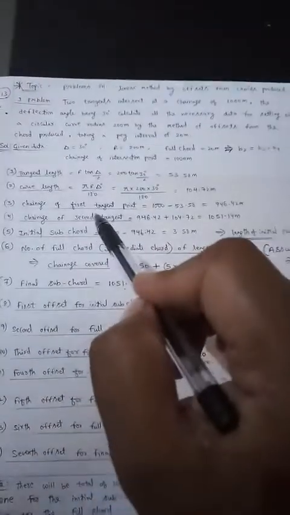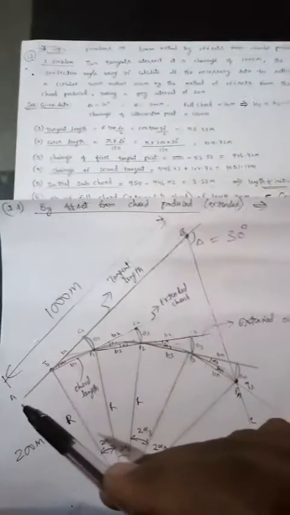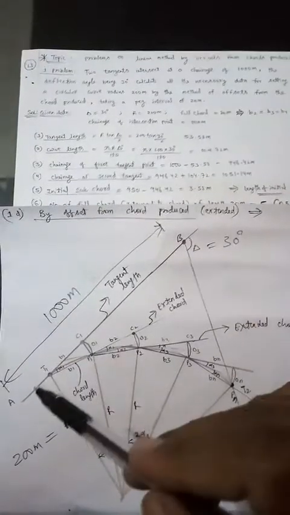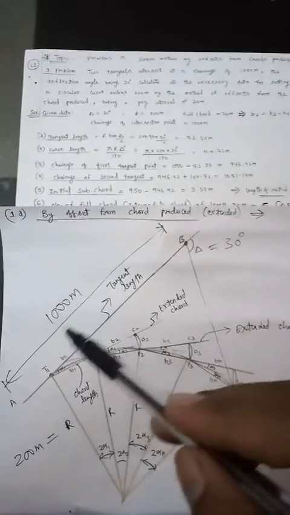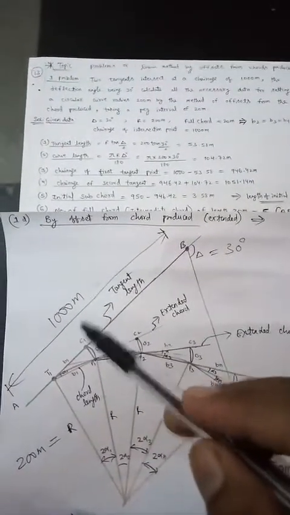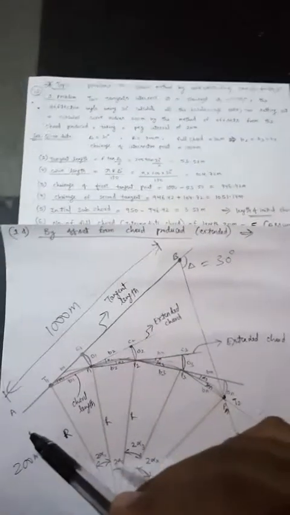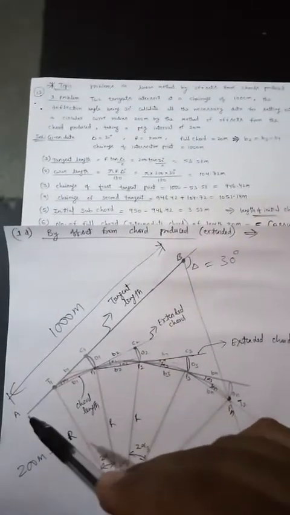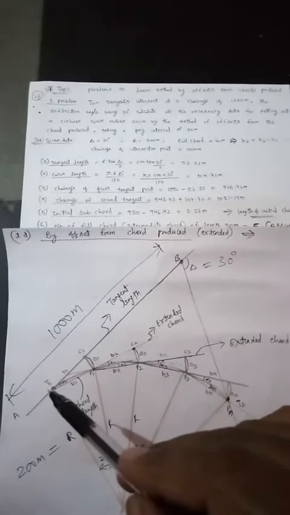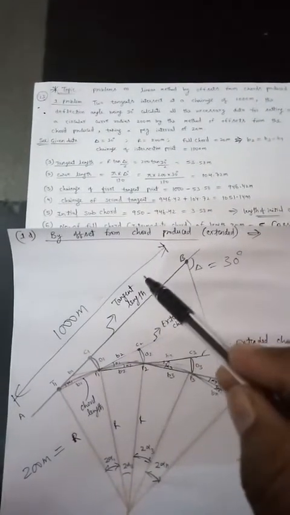Next, the chainage of the first tangent point. In this figure, the chainage of the intersection point is 1000 meters. We need the chainage of the first tangent point, from here to here. You have to subtract the tangent length.